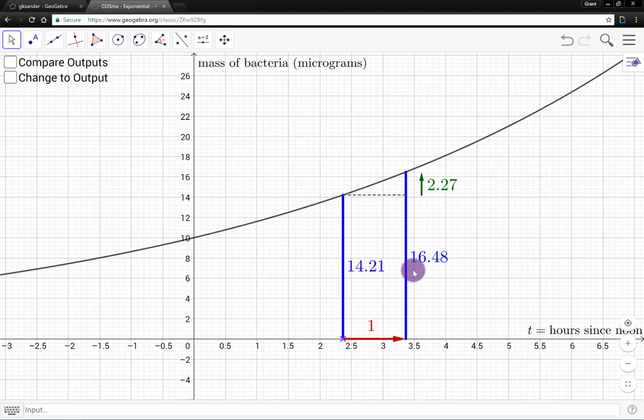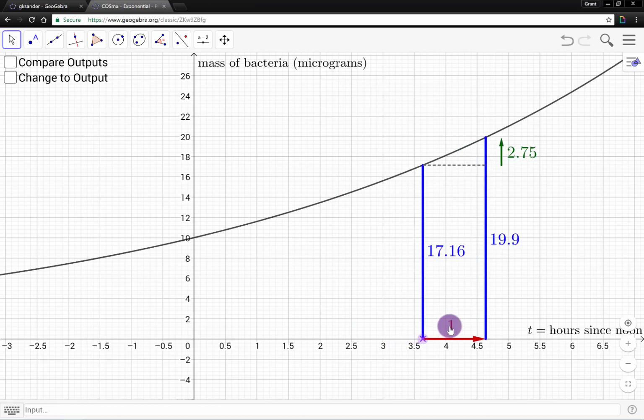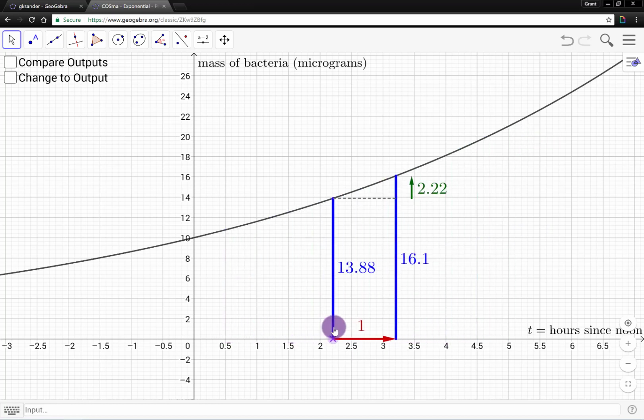But it looks like this final mass of bacteria is proportional to the initial mass of bacteria, where that final mass is some number of times as large as the initial mass of bacteria, and it doesn't matter what value of t we pick.